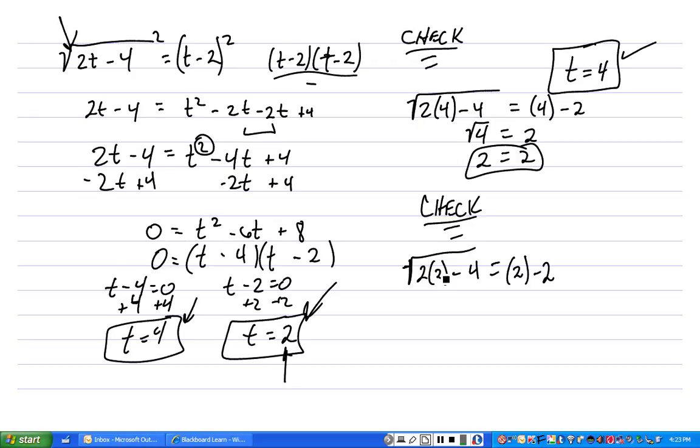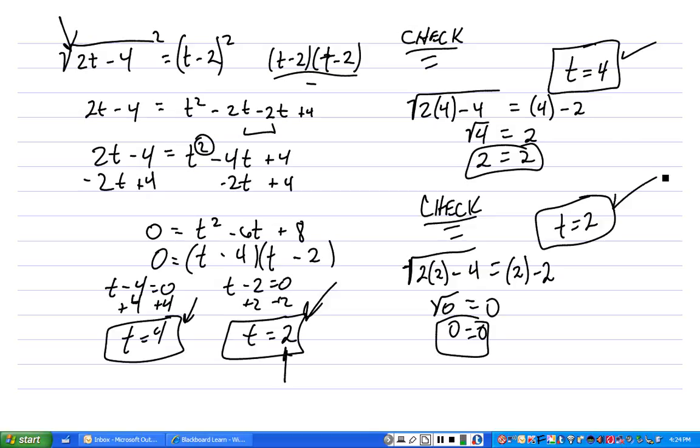So that's 4 minus 4, so that's square root of 0, equals 2 minus 2, which is 0. Okay, so square root of 0 is 0, 0 equals 0. That checks out. So t equals 2 is good. So my solution is t equals 2 and t equals 4. Right there. Okay, 2 and 4. That works.